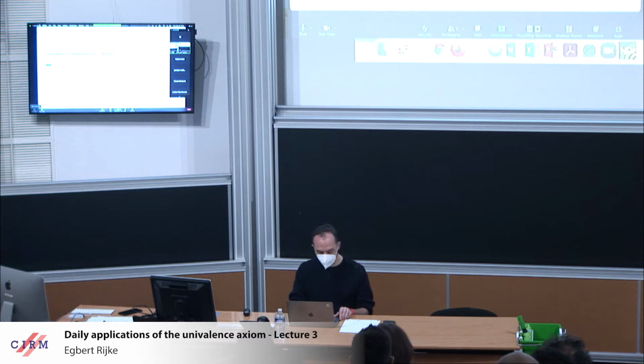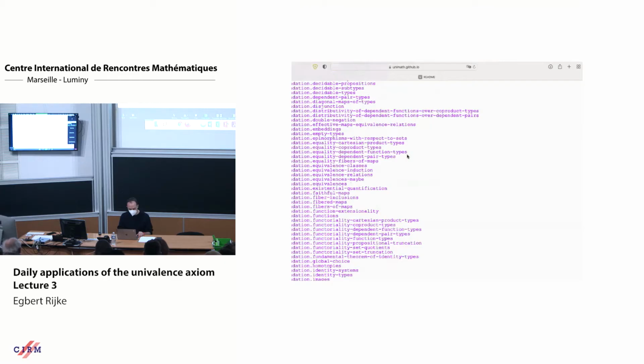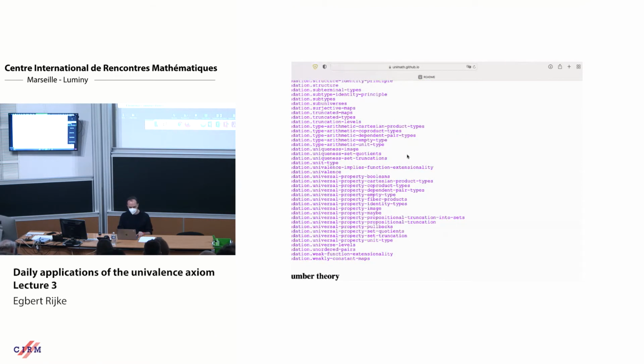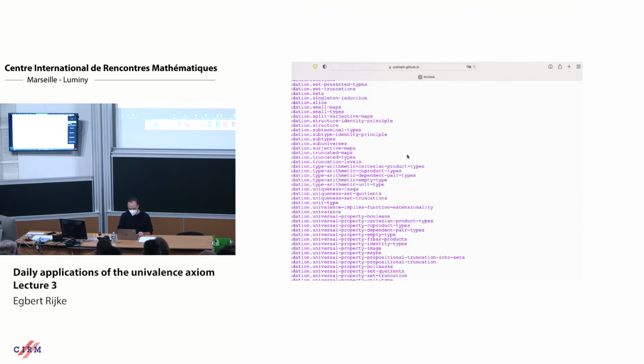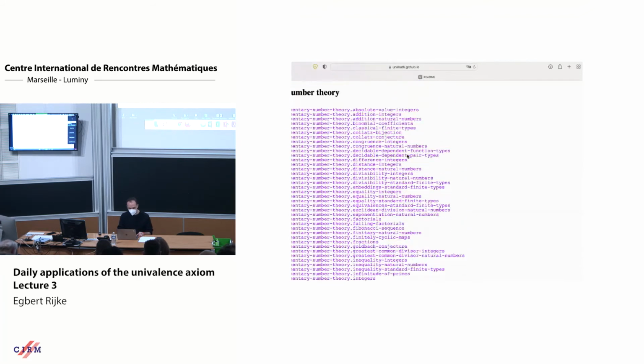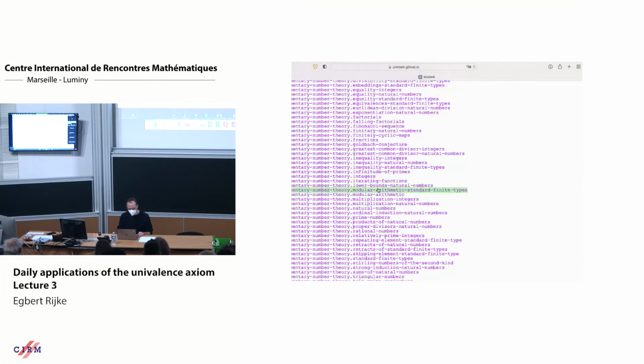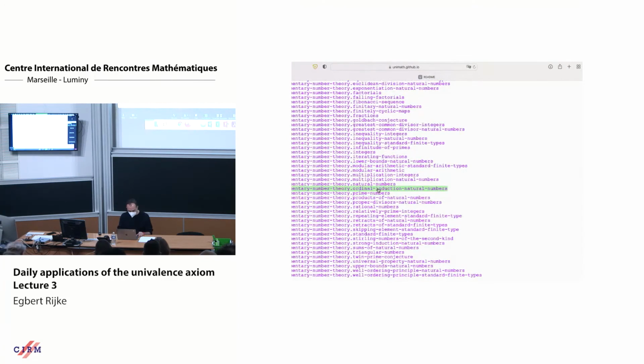Yesterday we made a start and we did something in Foundation, maybe in univalent Foundation, but I didn't show that there's actually much more in this library than only foundations. So there's some elementary number theory. As you can see, there's a lot of files that are about numbers.